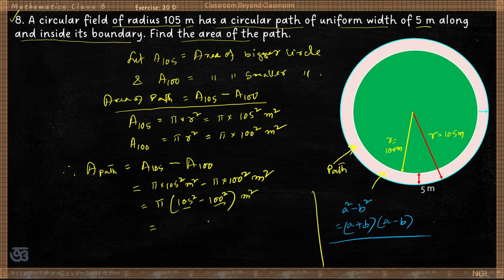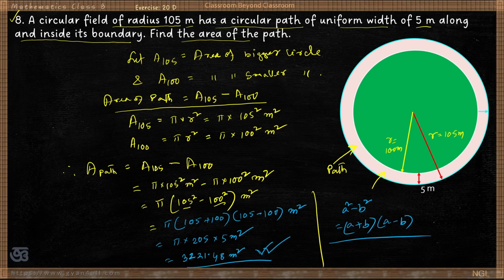Then the calculation will be easier. So pi multiplied by a plus b, 105 plus 100, multiplied by 105 minus 100, that is equal to pi multiplied by 205 multiplied by 5. If you express it in decimal, it will be 3221.48 meter square, correct to 2 decimal places. If my calculation is correct, then this is the area of the path.